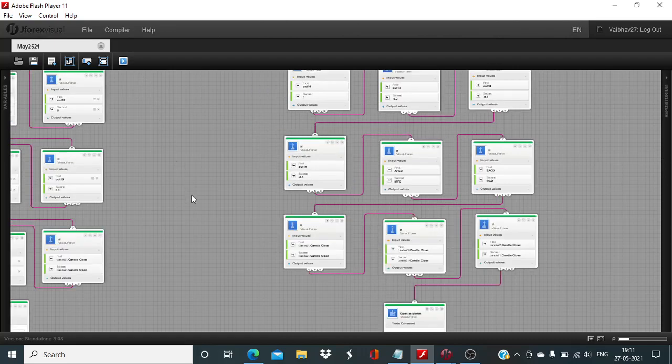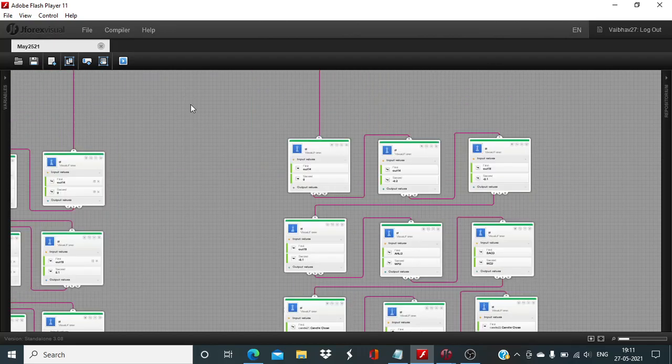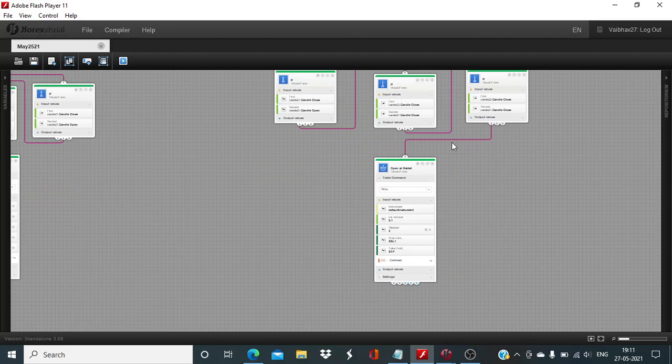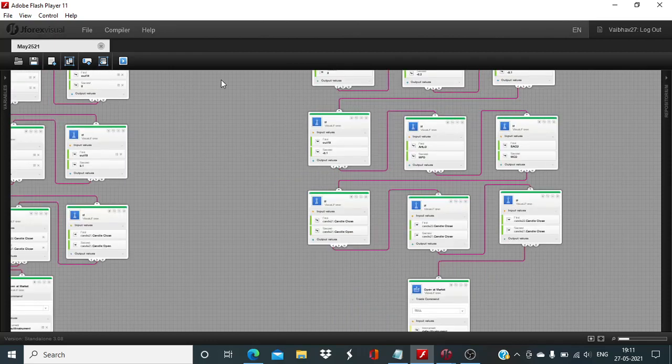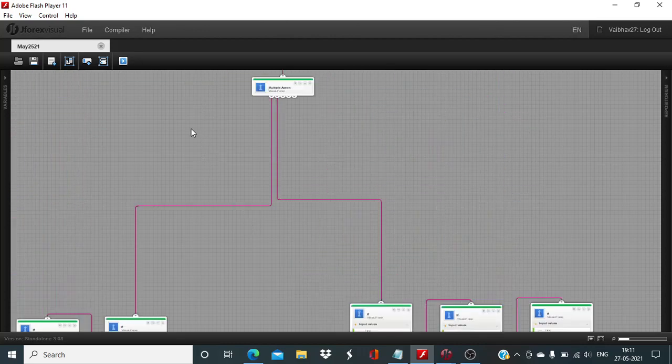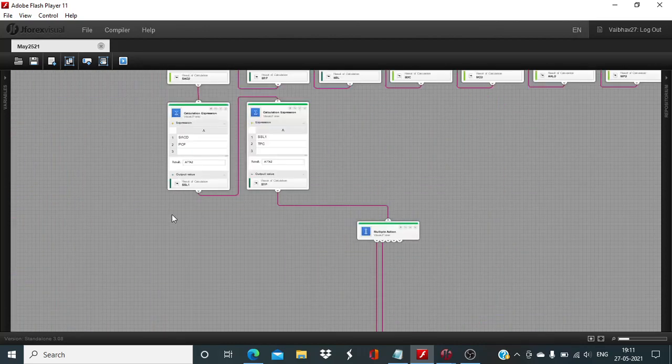So here we have joined this, and as you can see, this color coded line is also showing that the algorithm iteration flow is going all the way till the execution block.